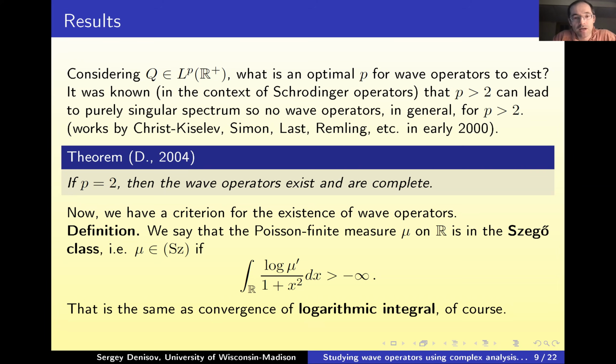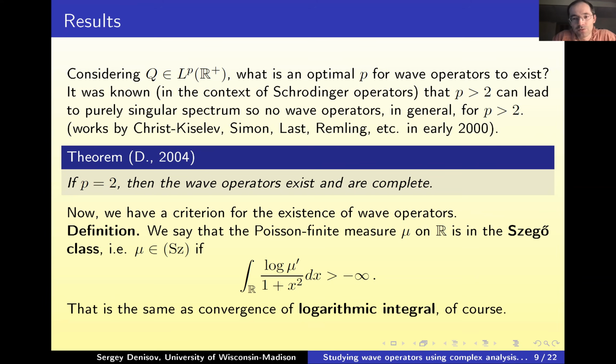You would ask what is the optimal P for which the wave operators exist in the Dirac framework, or maybe the Schrödinger framework. If P is equal to 1, you can apply immediately the theorems of Crane and Biermann to say that there will be wave operators. You can just apply the trace perturbation argument to do that.